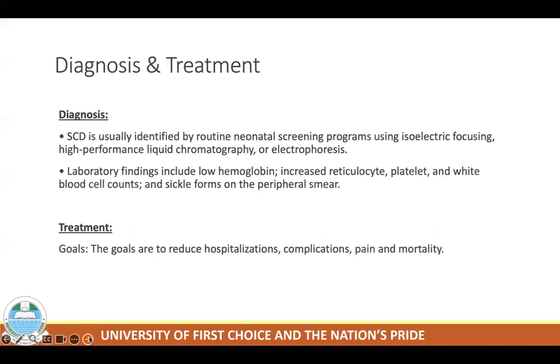Diagnosis is by routine neonatal screening programs. And then laboratory findings that can point you to screening include low hemoglobin, increased reticulocyte counts, increased platelet counts, and white blood cell counts, and sickle forms on the peripheral smear when you're doing a whole blood count or complete blood count.